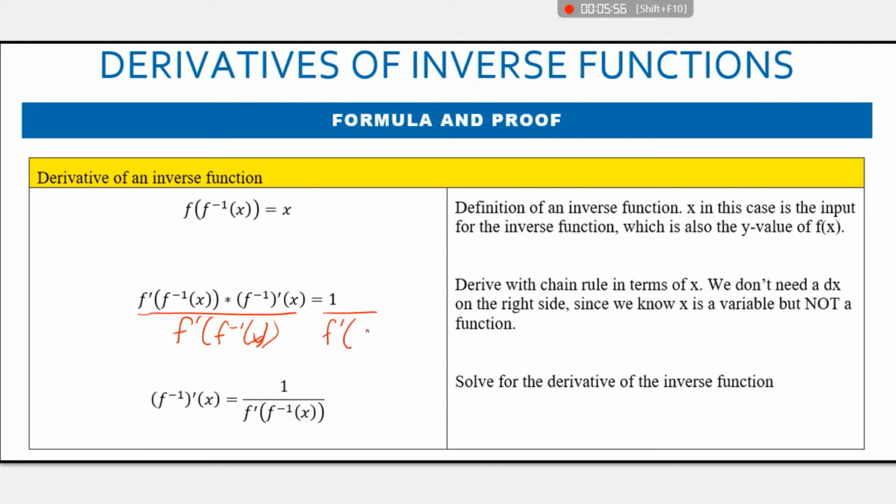So this will cancel. And I'll be left with the derivative of the inverse is equal to 1 over the derivative of the original function at the x value of the inverse. Okay, so we just got here with chain rule.